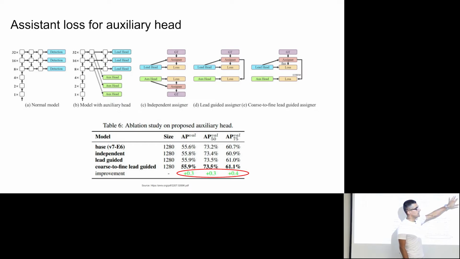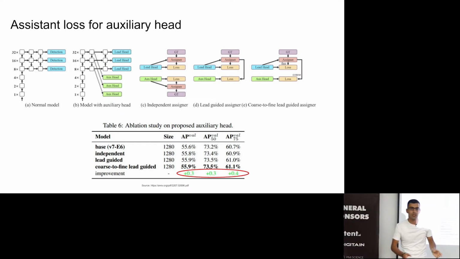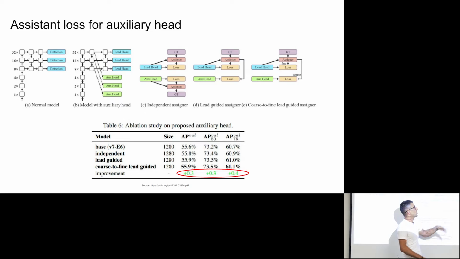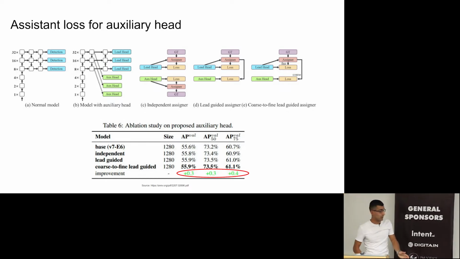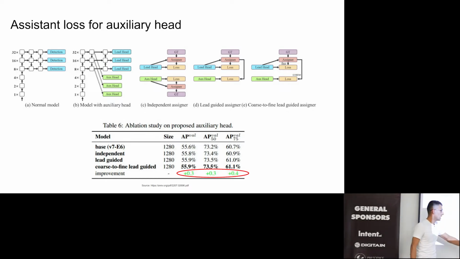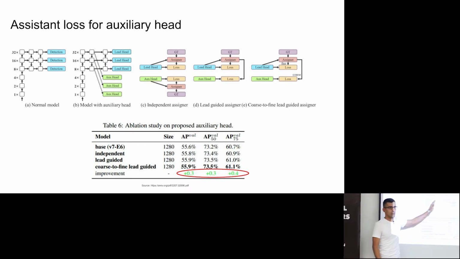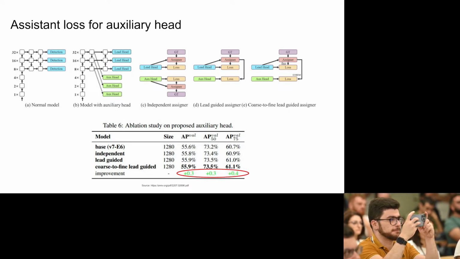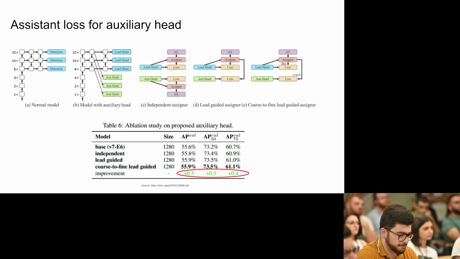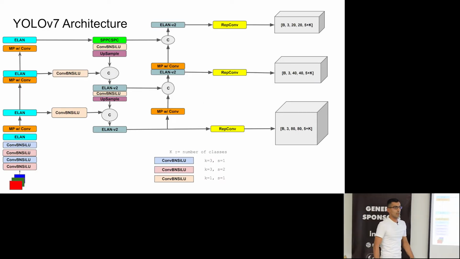The lead head returns 2 types of predictions. One is fine predictions, and the other one is coarse. And basically, it adds some more stuff. But at the end, what's more important, I think, is the improvement that they got when they introduced these types of auxiliary head. My personal opinion is that it's not a significant improvement, but still, this is something they introduced.